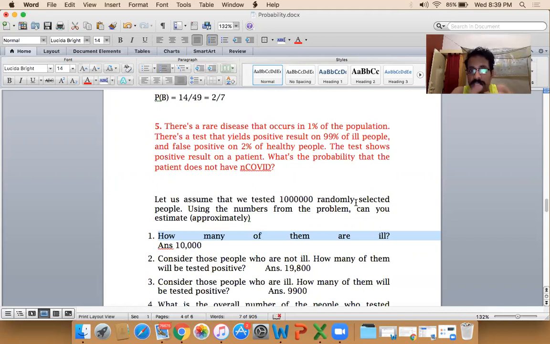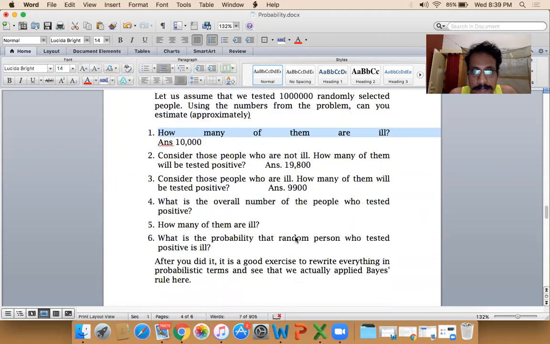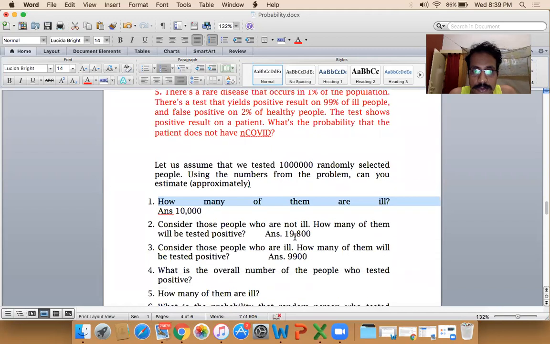So 1% is 1 million. So how many of them are ill? So let me correct it to 1 million only, so that the 1% becomes 10,000. Right. So it's like 1 lakh people, 1% are actually ill.